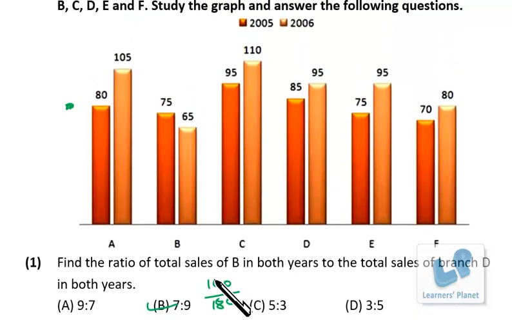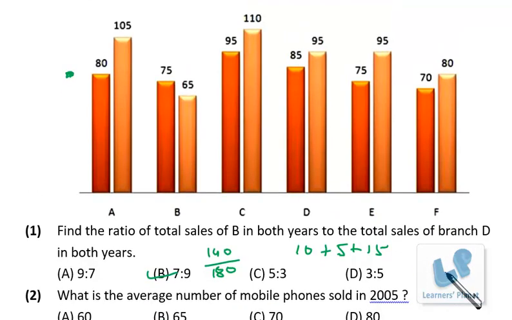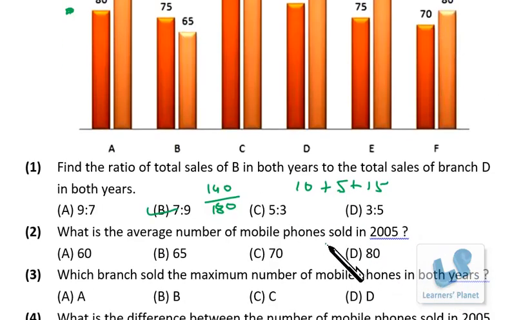Okay, so plus 10 plus 5 plus 15. So no need to write further because we can see very easily that 60, 65 and 70 cannot be the average, right? Because all the data are bigger than this. Just one of them is 70, otherwise remaining are bigger. So average can be 80 only. So no need to solve further.